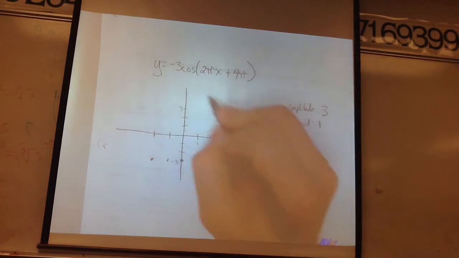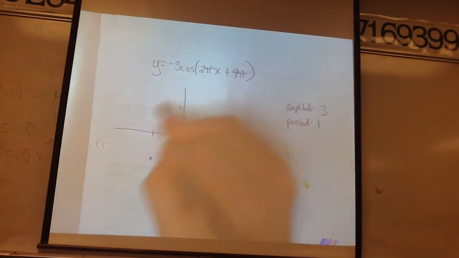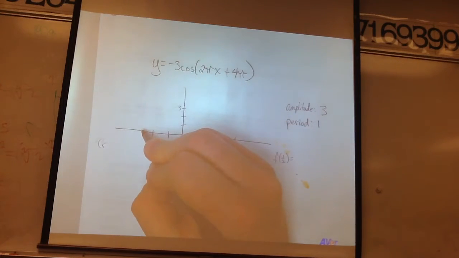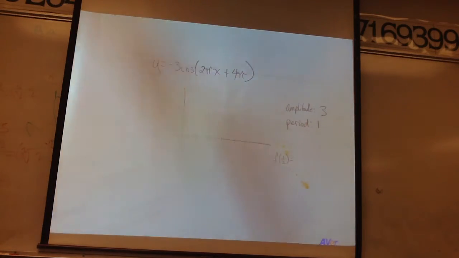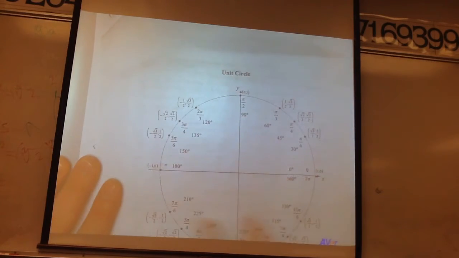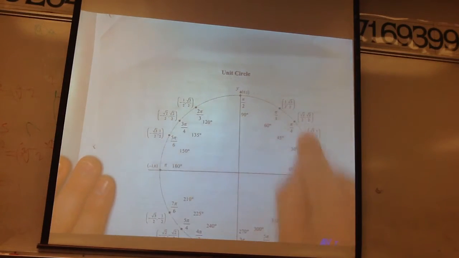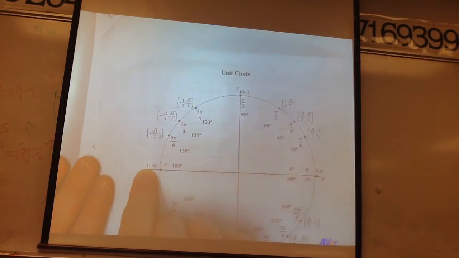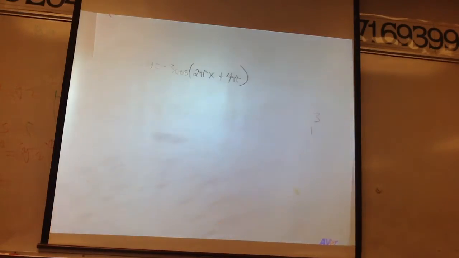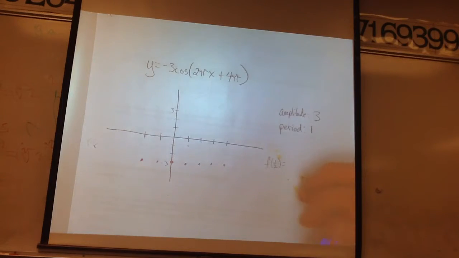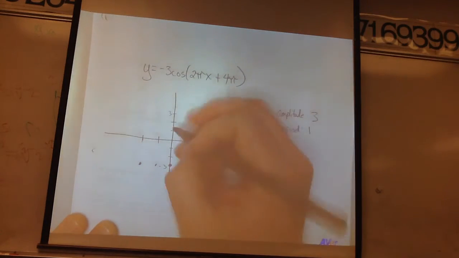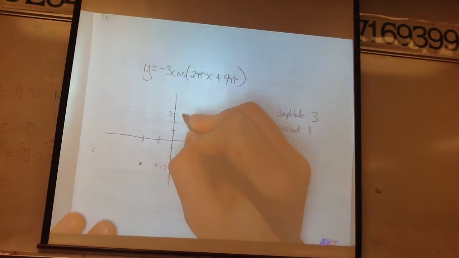It's -1. No, because every 2 pi. Oh, true, never mind. I was thinking of it in 180. So we got -1 times -3, which is 3. So at every half will be a 3.